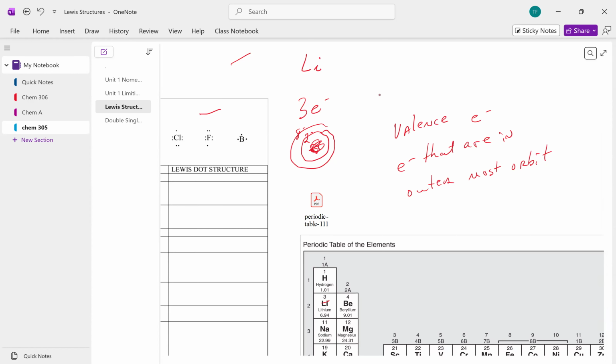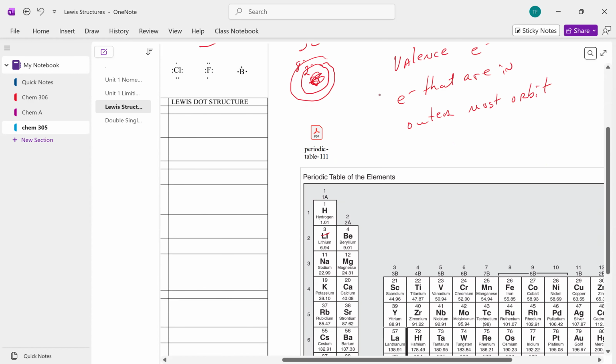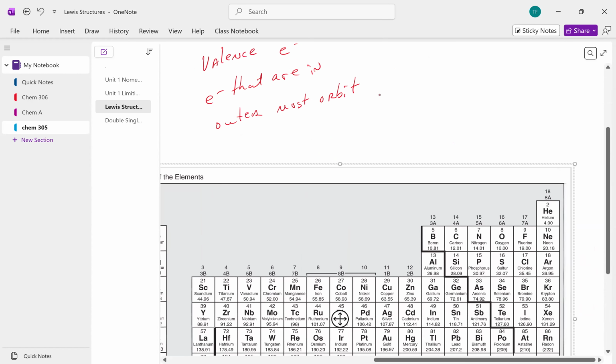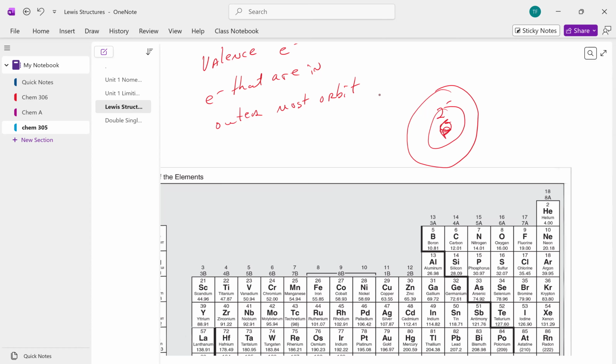Let's do this bigger. So that's 3 electrons for lithium. The outermost electron is this one here, and that has 1 electron in it. So lithium has 1 valence electron.